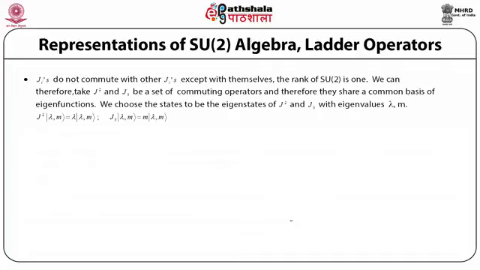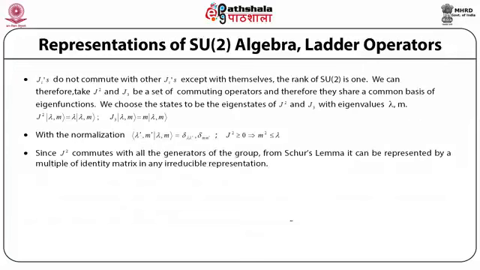And further, we normalize these states by saying that the scalar product of these two states, ⟨lambda, m|lambda', m'⟩, is equal to 1 provided lambda equals lambda' and m equals m', otherwise 0. J² is greater than or equal to 0 because J² is positive, which implies that m² is always less than or equal to lambda.